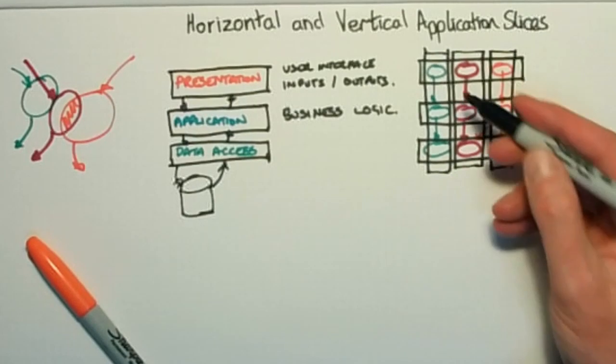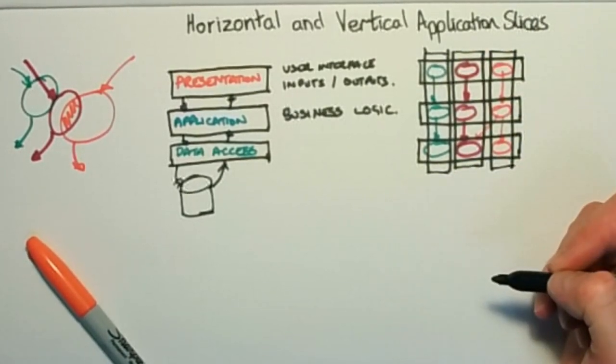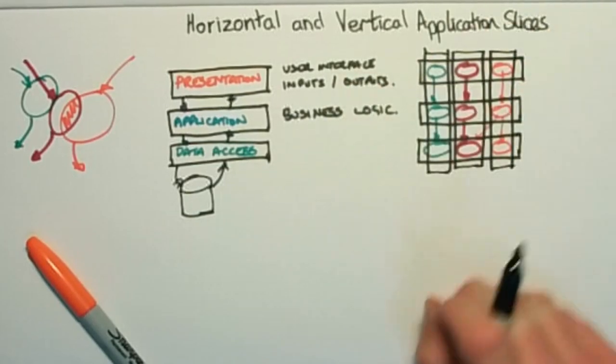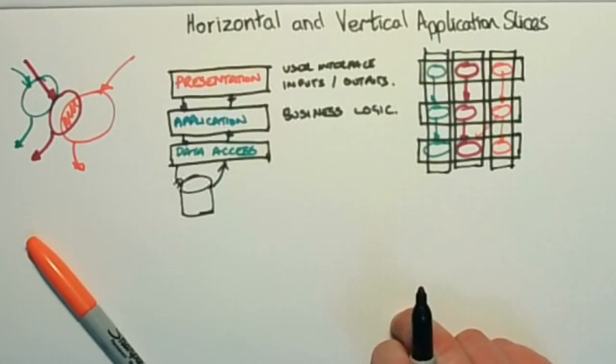And this is what you need to think about when you're starting to deliver software applications. Don't try to do all of the things at once. Think about one thing at a time.